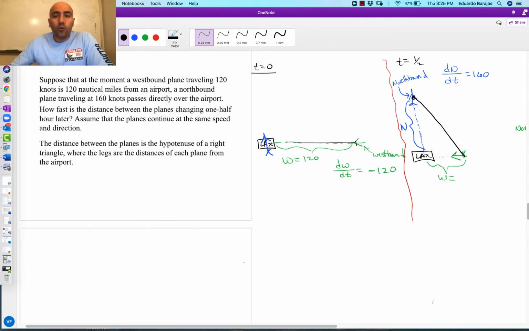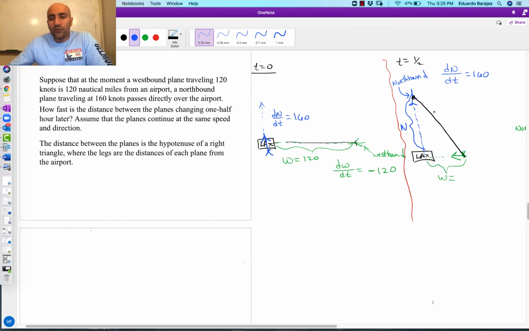As we move forward in time, this airplane is going to continue to travel in this direction at a speed of dN/dt equal to 160, and this one keeps traveling toward the airport, presumably stopping there, or maybe it just keeps going west. We don't know. But the distance between them, this variable, is going to change.